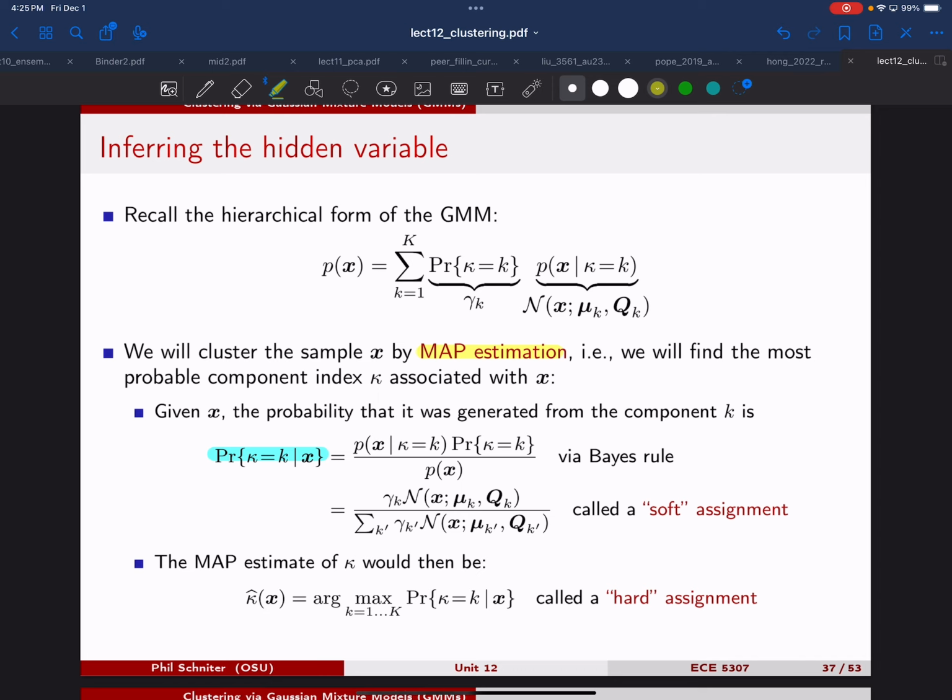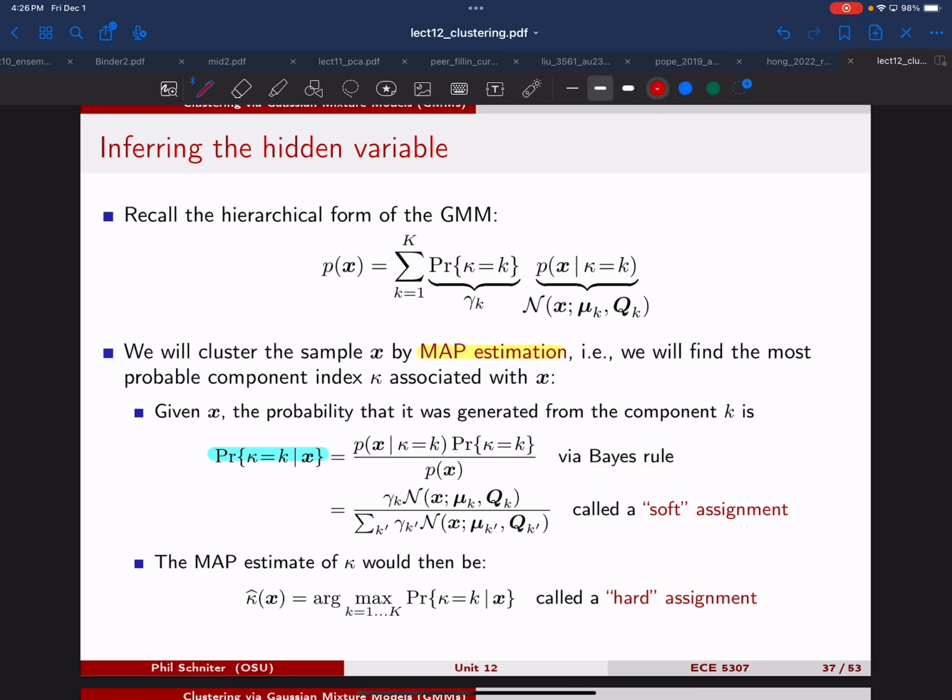Okay, so how do we do MAP estimation? Similar to what we saw before, this is the quantity we need to derive. But we don't have a good expression for kappa given x. However, if you swap the order, we know x given kappa, and we know the probability of kappa, so that's what we can do with Bayes' rule.